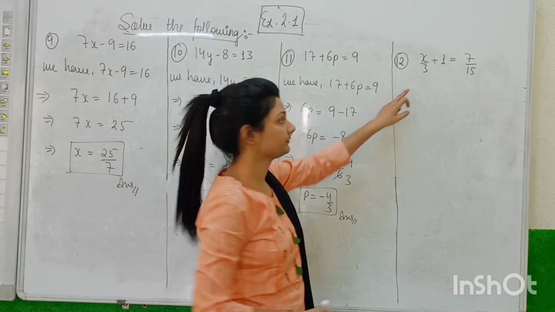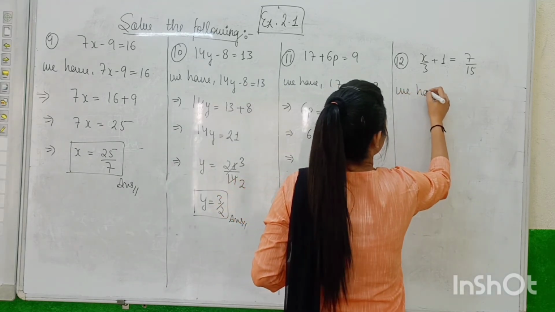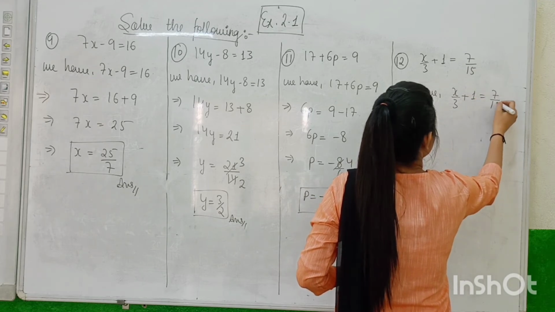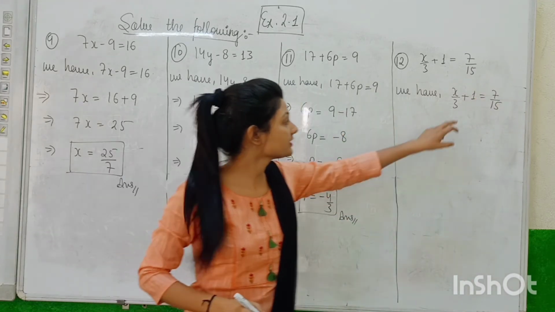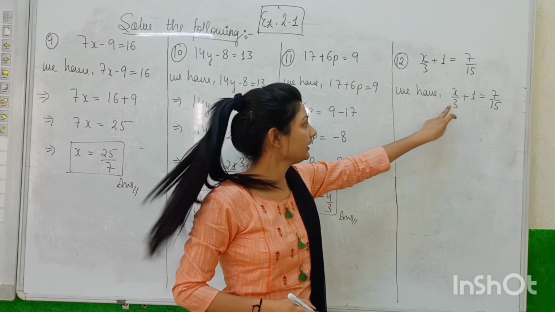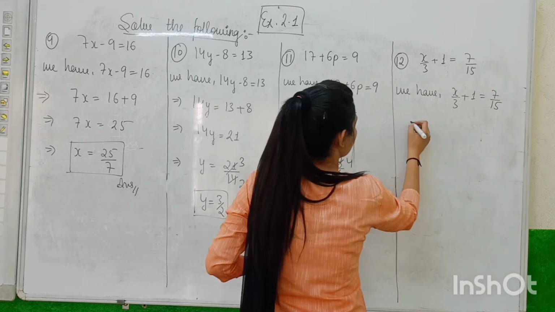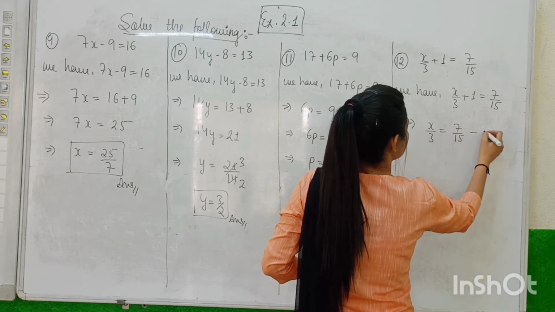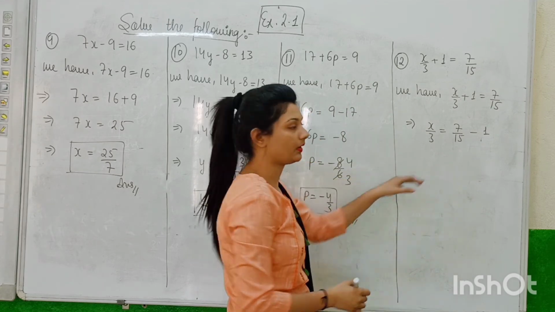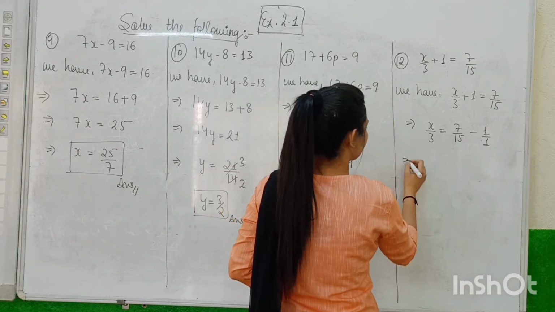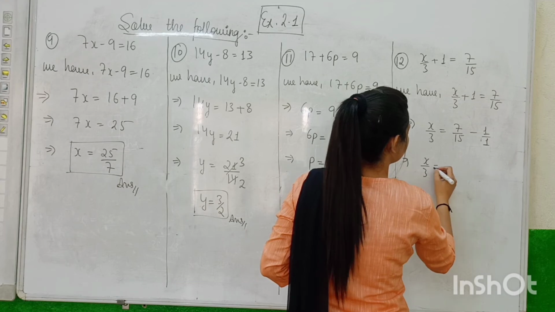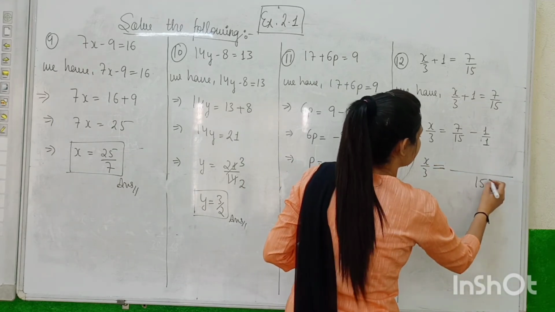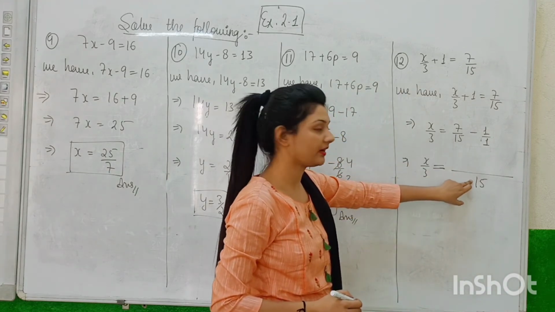Now the last one, what we have here? We have x upon 3 plus 1 is equals to 7 by 15. Now this x by 3 will be written here only and this plus 1 will go on the right hand side and this will become minus 1. So x by 3 is equals to 7 by 15 minus 1 and this 1 can be written as 1 by 1. So now we will take the LCM here. So LCM of 15 and 1 is 15. 15 divided by 15 is 1.